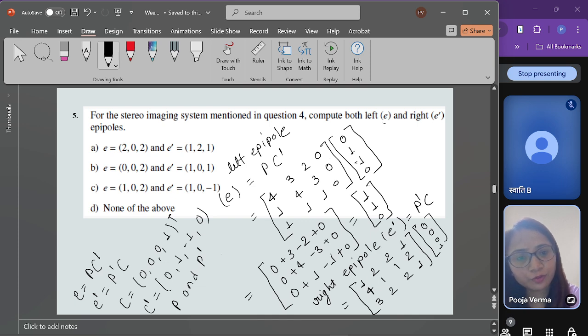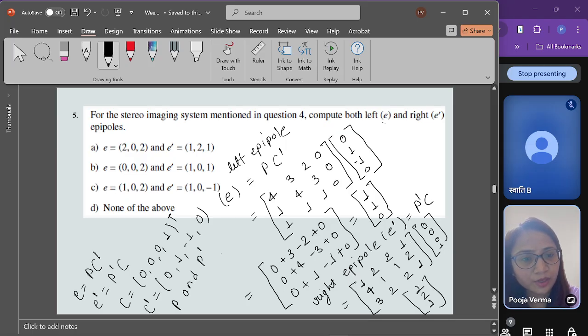So if you just multiply it, you will get 0 0 0 and the last one 1 2 1, because only the last column will be multiplied. So you will get 1 2 1.